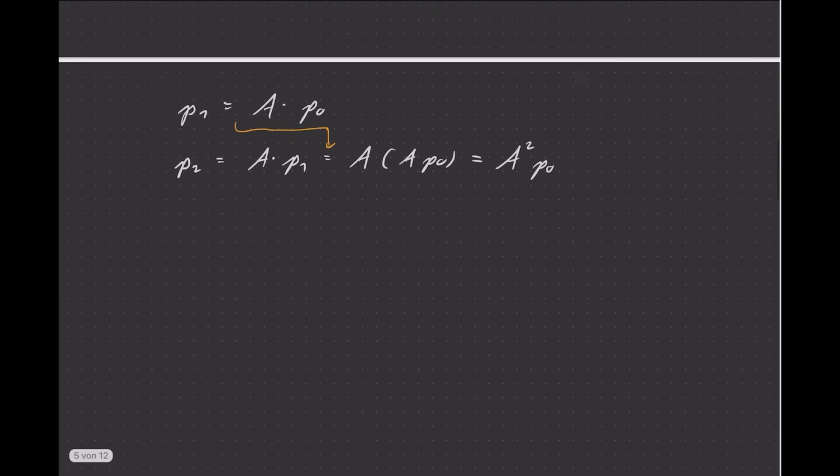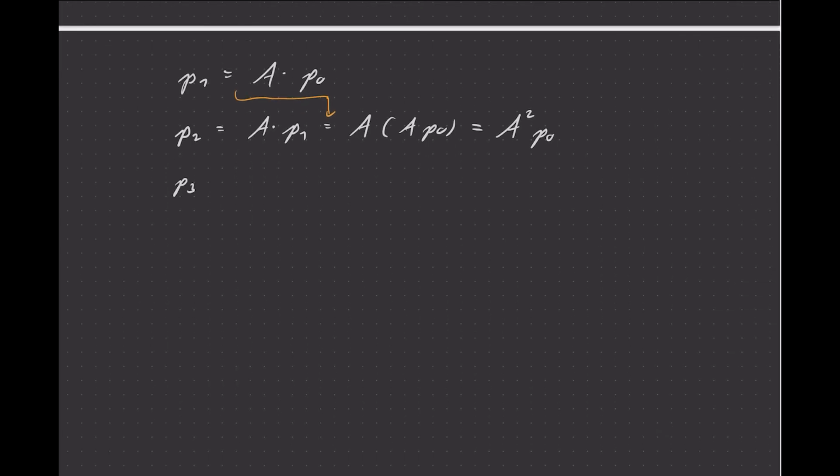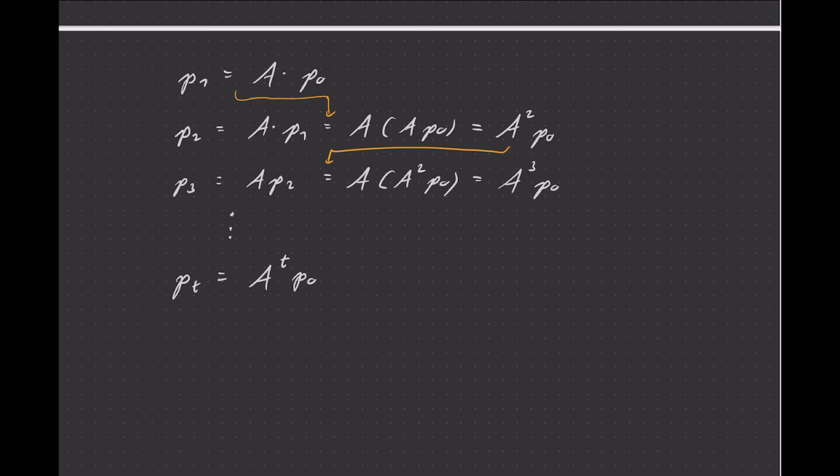And I guess you can already see where this is going. We want to compute the state in 3 weeks, p_3. That is A times p_2. So again, we just use this here, substitute it in here, and then we have A times A squared p_0. So what we get is A to the third p_0. And that means for arbitrary t, what we need to compute is A to the power of t times p_0.